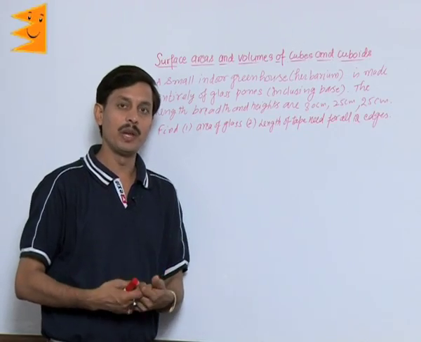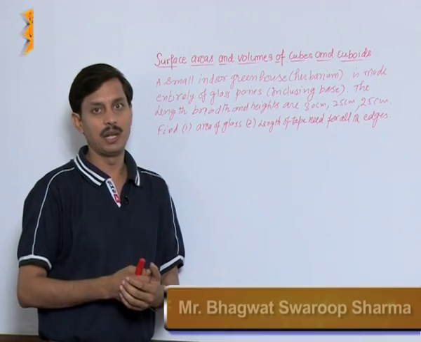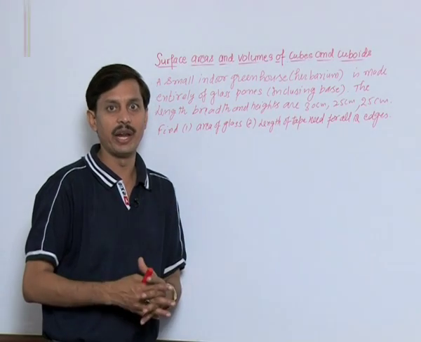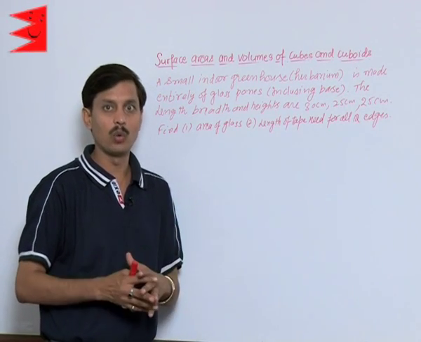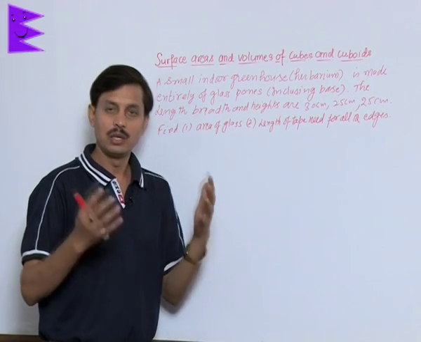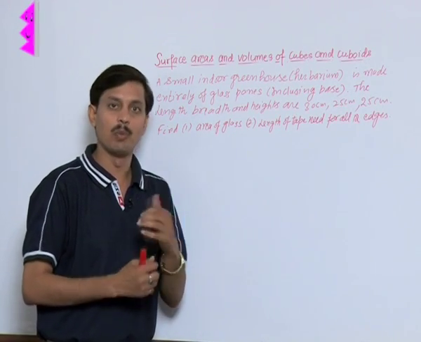Now I want to explain one of the examples with the help of results, how to calculate the surface area and the total perimeter of a cuboid.